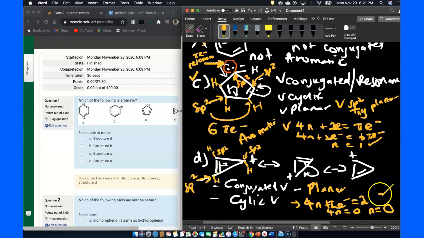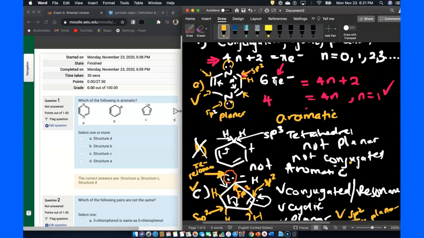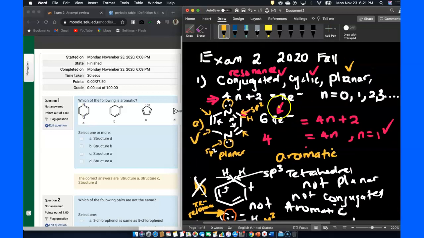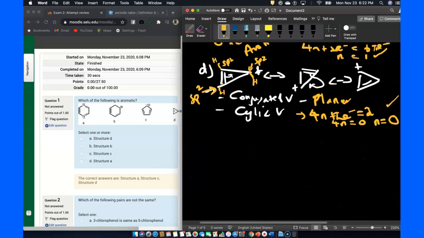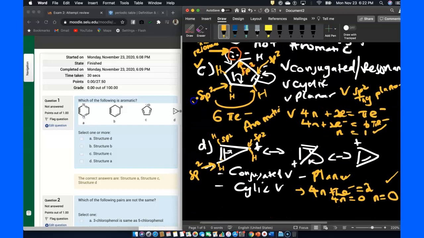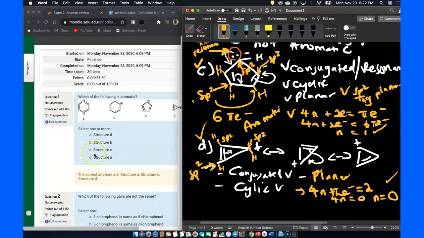So that passes because whenever you're using this rule, n should be 0 or a whole number. You just don't want it to be a fraction. So 0 is part of our positive test. All right, so far A, C, and D are aromatic. That answers question 1.